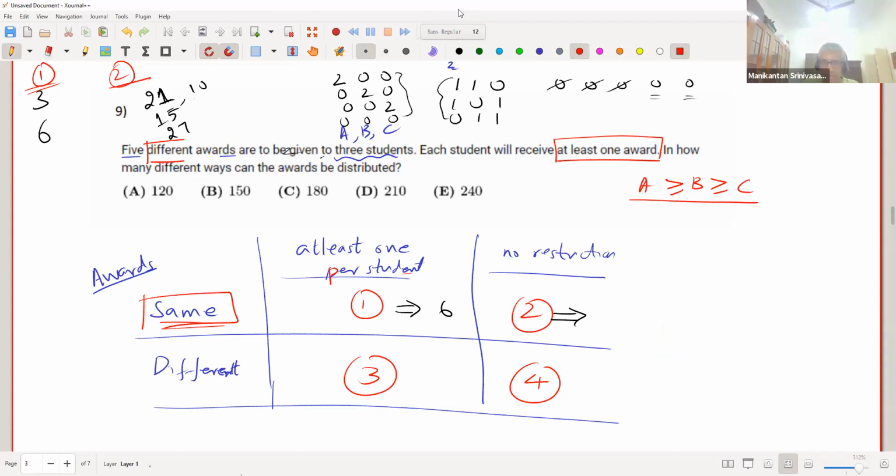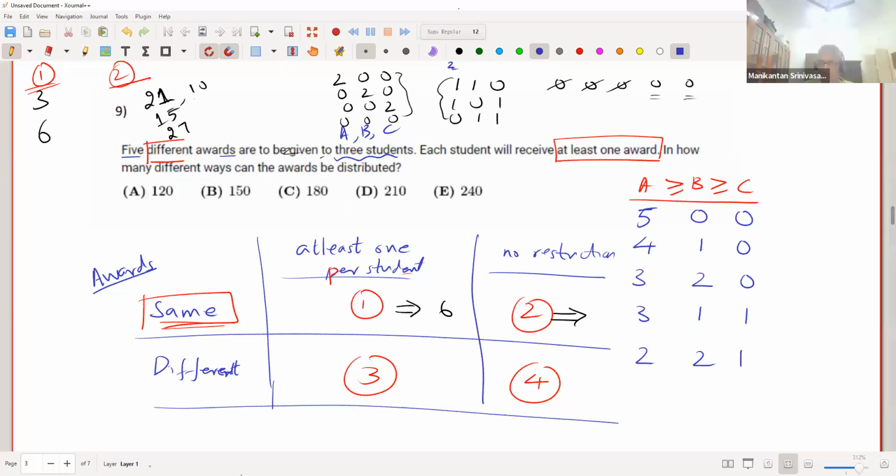I'll start with the biggest number possible, which is 500. The next number is 410. The next number possible is 320. The next one is 311. The next one is 221.